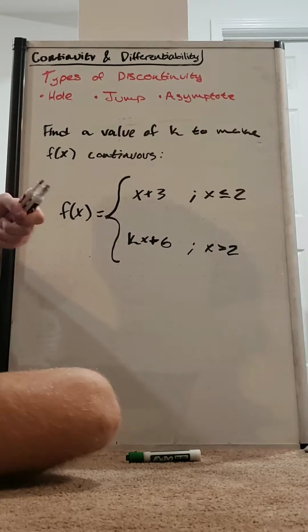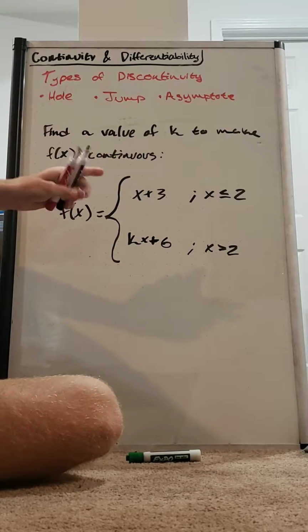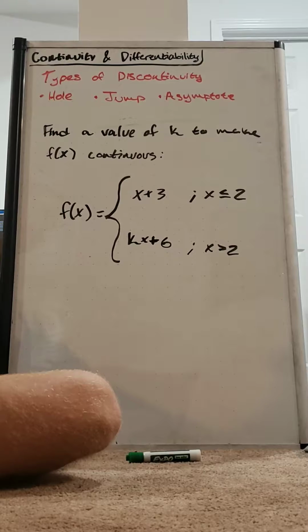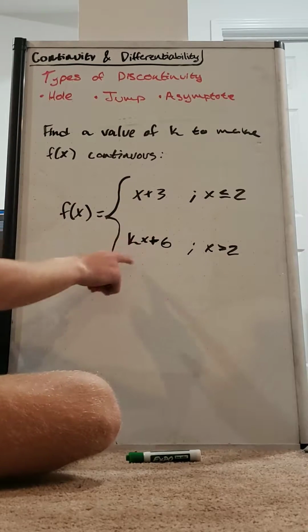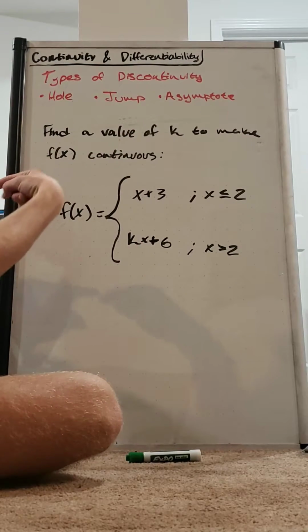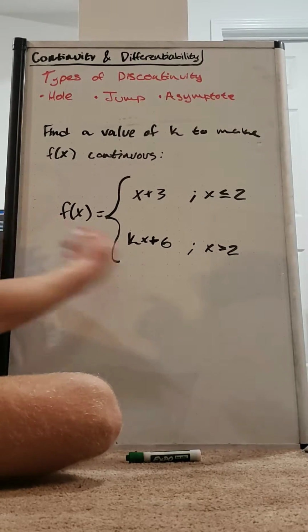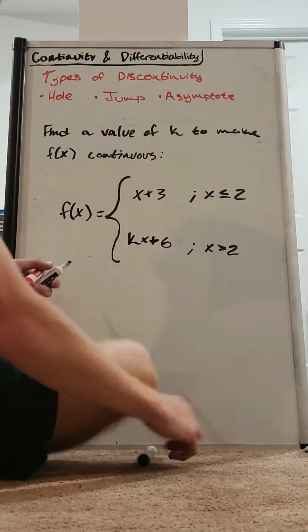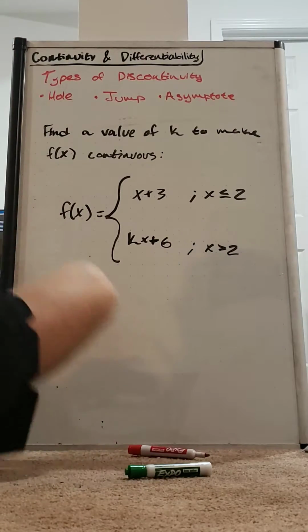The way to do this is, for this function to be continuous, it needs to connect at the same point. These two pieces have to come together at the same f of x value for x equals 2. So we solve this by setting these equal to each other.